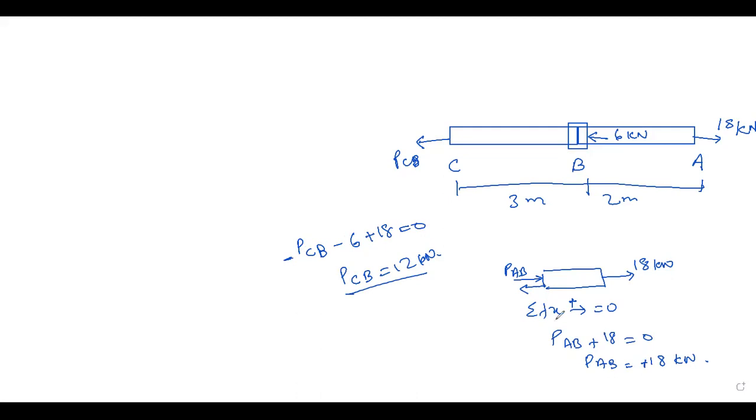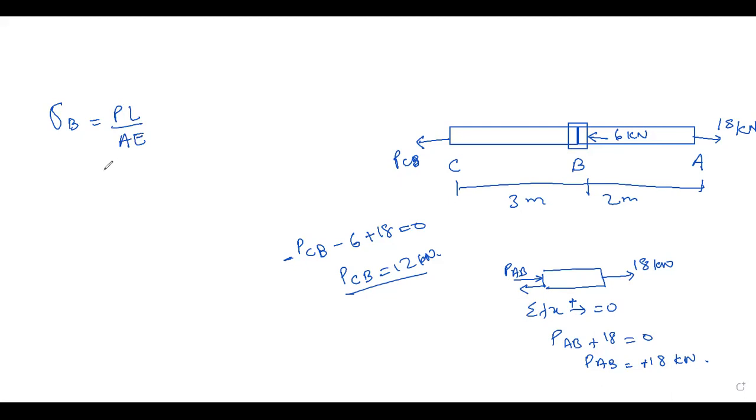Because we assumed compression initially, I just assumed it to show you how the sign convention changes when we calculate it. We can assume it this way as well. Anyway, now we have to determine the deflection at point B. The deflection at point B will be PL over AE.